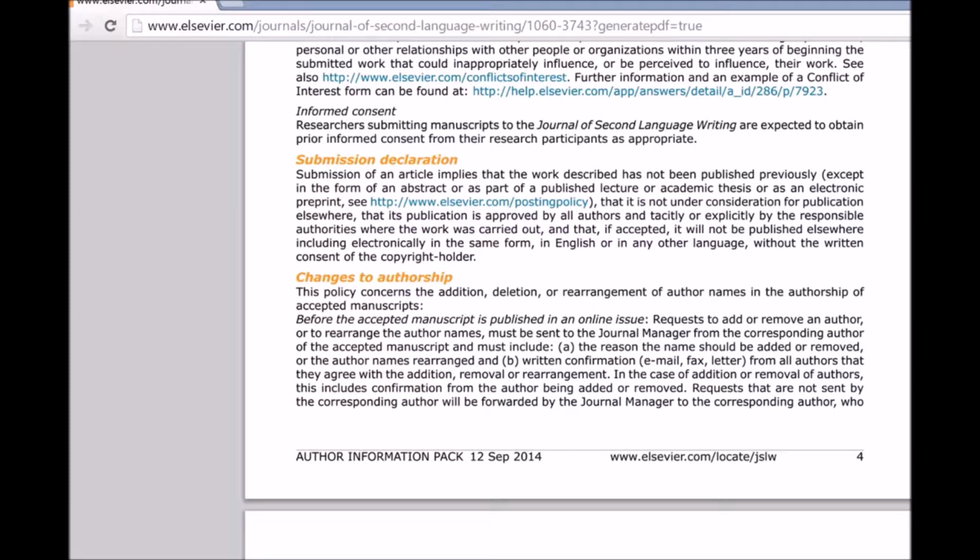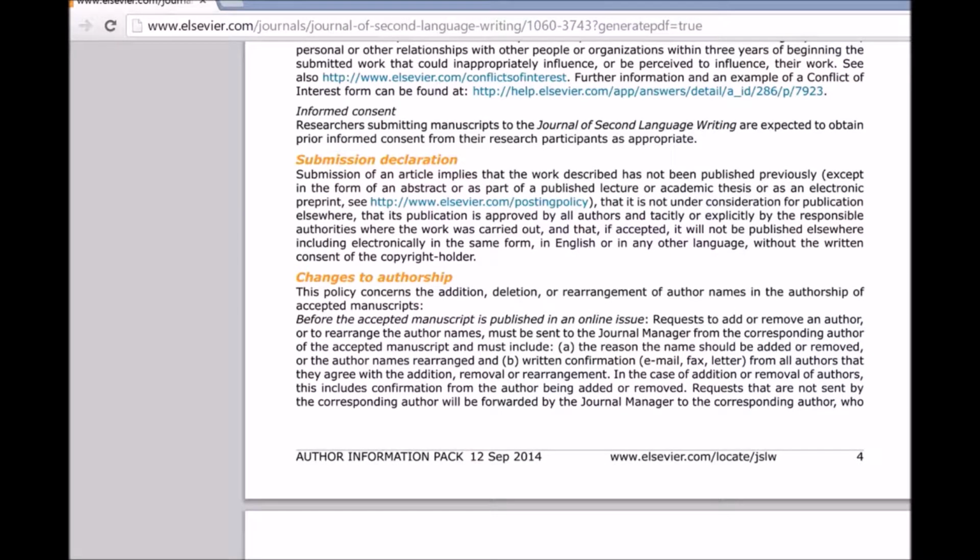The other question is to make sure, if you have multiple authors, that all of the authors are on board. There have been a number of scandals that have to do with falsifying data and plagiarism, where one author may have violated an ethical precept, and then all the authors get blamed. So you have to declare that you know that all the authors have been informed and that they're aware and will accept responsibility.